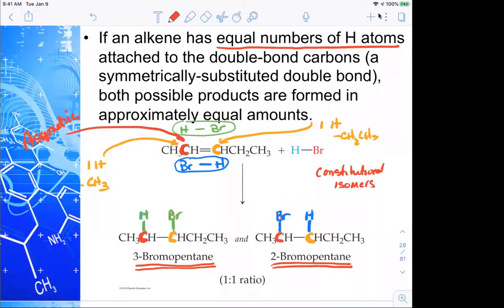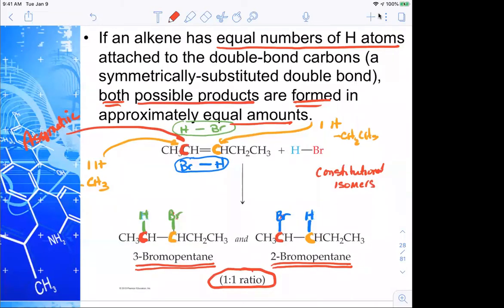The difference with the methyl and the ethyl means that those carbons are different and I could get 2 potential products. But because each one has one hydrogen, neither of those 2 carbons has an extra hydrogen. They have an equivalent number of hydrogens. So both possible products are formed in relatively equal amounts. So I get a 1-to-1 ratio.